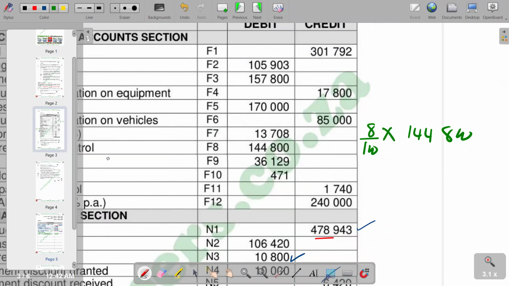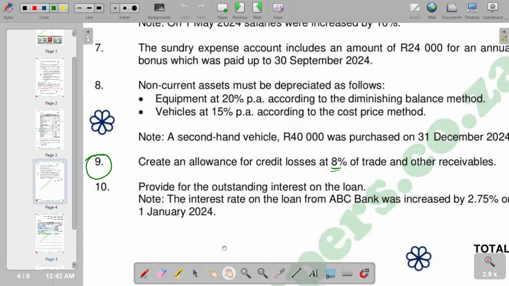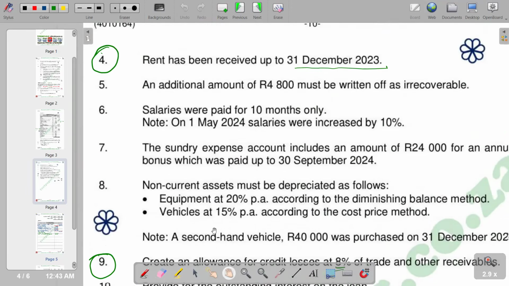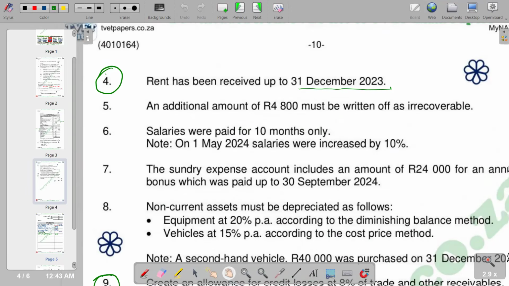So if you go to additional information, we have got a number 5. An additional amount of 4,800 must be written off as irrecoverable. So this means, remember, anything that we see in the additional information means it's something that was not recorded. The fact that it's being mentioned in the additional information, the assumption is it wasn't captured, it wasn't recorded. So we need to first subtract 4,800.